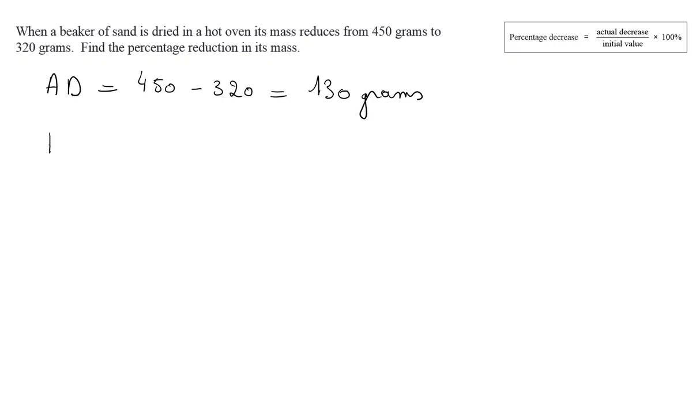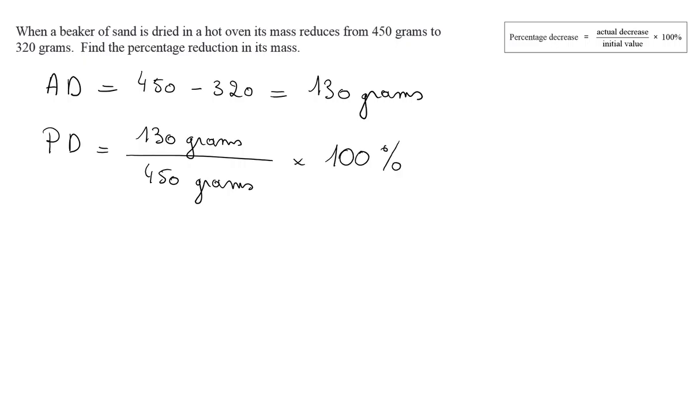But what is the percentage decrease now? Well, that's your actual decrease, your 130 grams, compared to your original value, which is going to be 450, because that's what you started with. And we're going to multiply that by 100% to put that as a percentage. So 130 over 450 times 100 will give you 28.8888888888.